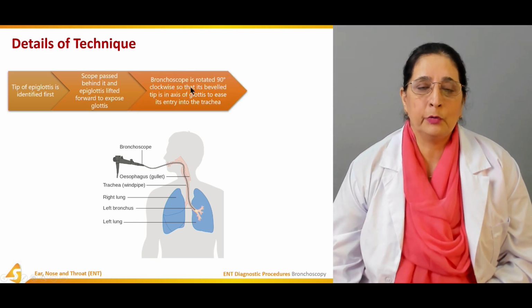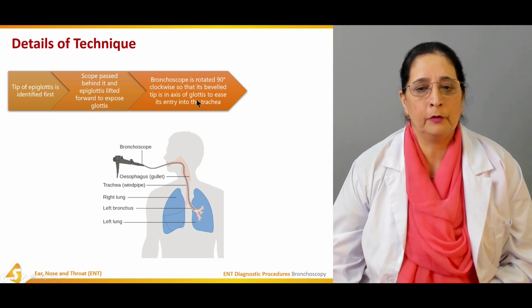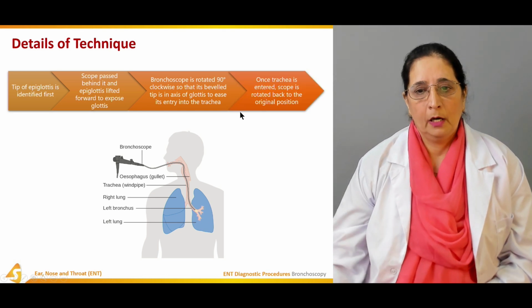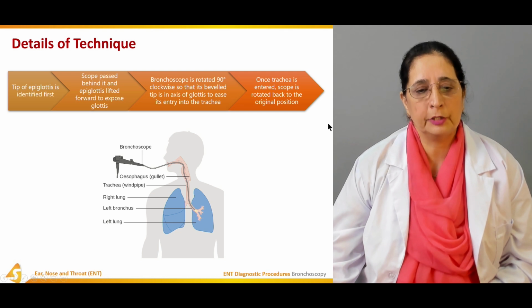The bronchoscope is now rotated 90 degrees clockwise so that its beveled tip is in the axis of the glottis to ease its entry into the trachea. Once the trachea is entered, the bronchoscope is rotated back to the original position.